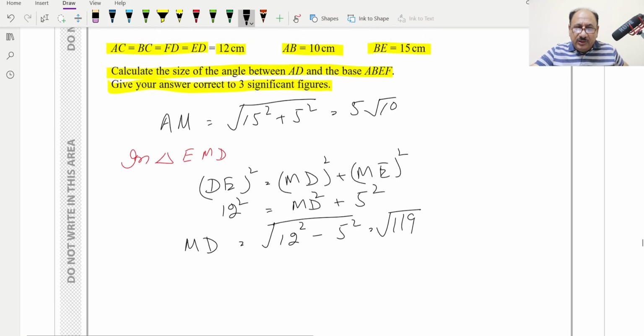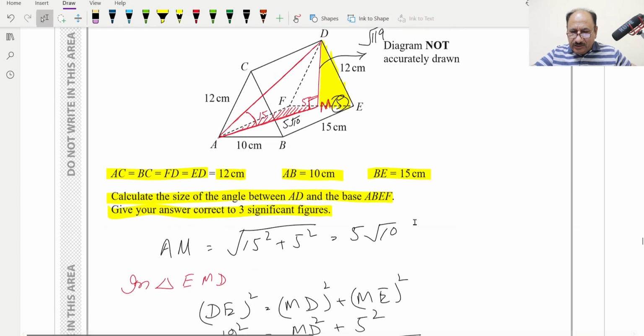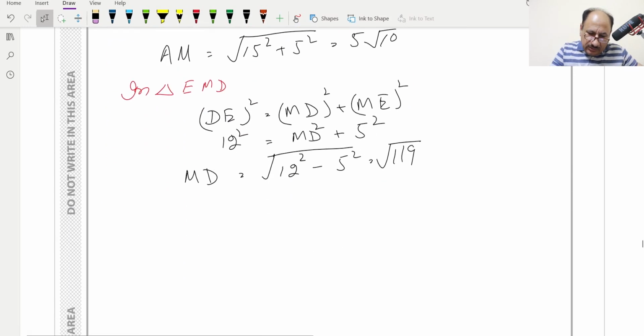This will be MD. So MD value we have calculated as root of 119.